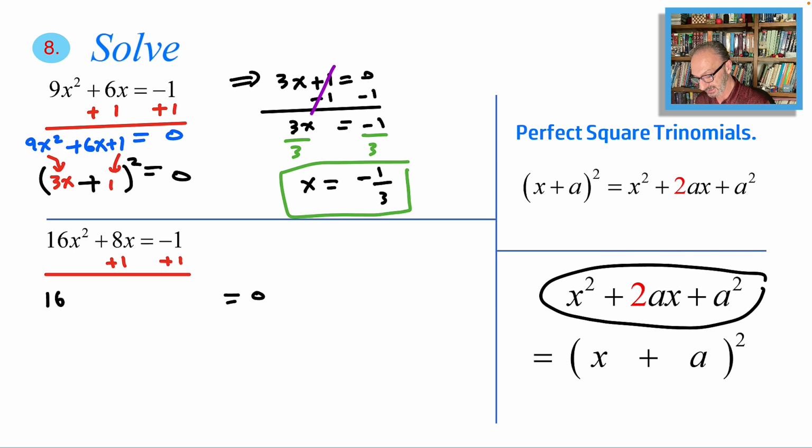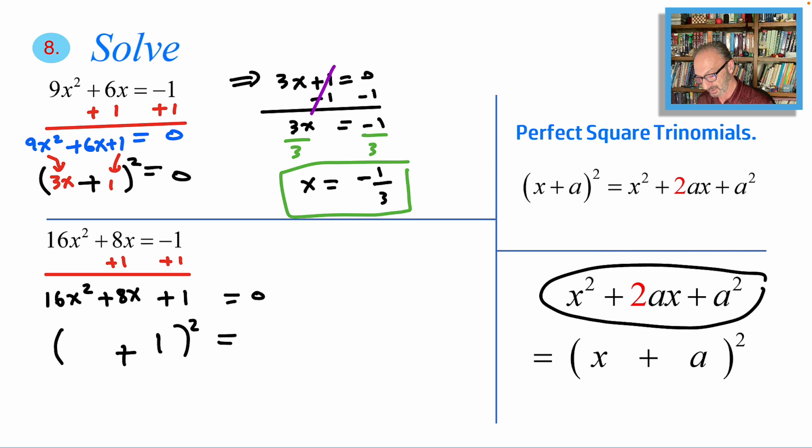I have 16x squared plus 8x plus 1, not 9x or 9. Okay, now following the perfect square trinomial written on the right side, that should go down to a perfect square of this form, as you can see on the right side.